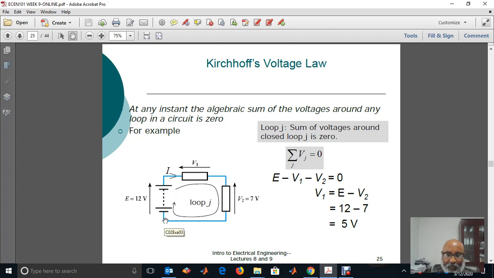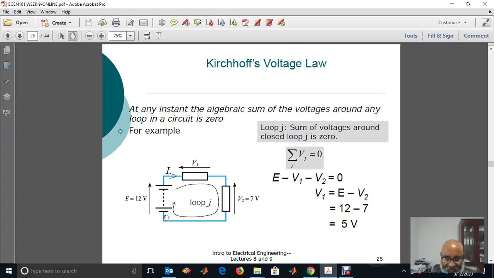For example, when we are going across the loop, if we go from negative to positive, if we assume that as positive, then from positive to negative it will be negative. Or if we assume from positive to negative as positive, then from negative to positive should be negative. So we need to be careful about the signs when we do the summation across the loop.